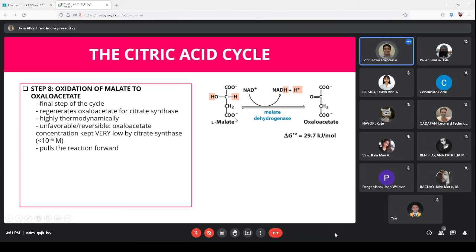So ito yung sinasabi natin na cycle kasi umuulit yung product. Yung product na mapoproduce will be the same starting material na magre-react with the acetyl-CoA para makapag-produce ng energy. This is very unfavorable or reversible.